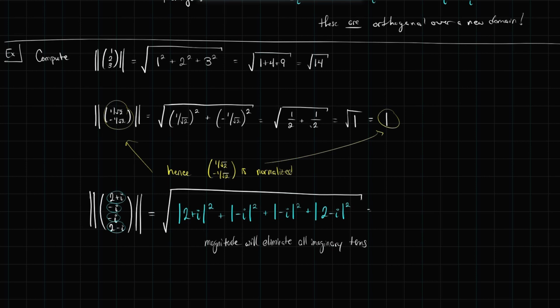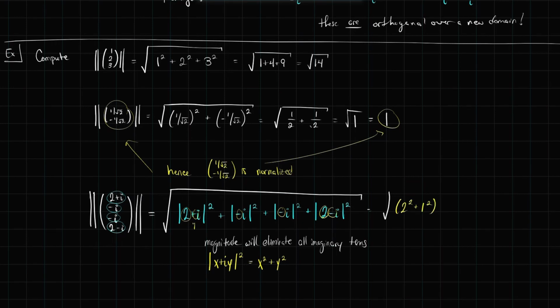So let's recall the definition of the magnitude really quick. Magnitude of x plus iy is going to be x squared plus y squared. So I'm going to look at the coefficients of the real and imaginary parts. So those coefficients are what I'm using, not the i's. So what this gives me is 2 squared, in the first case, 2 squared plus 1 squared.